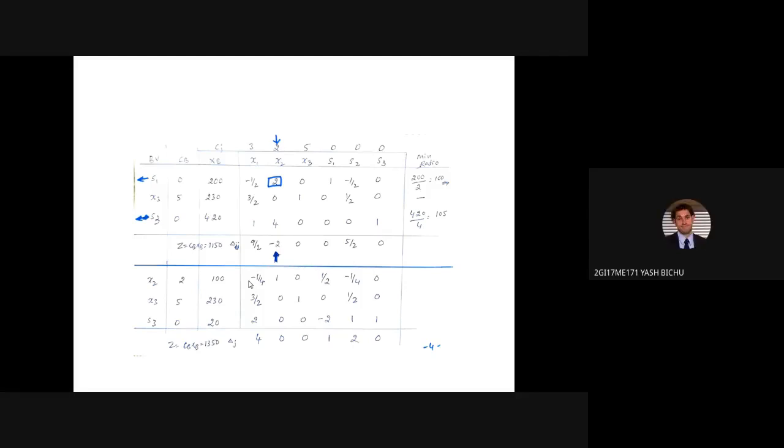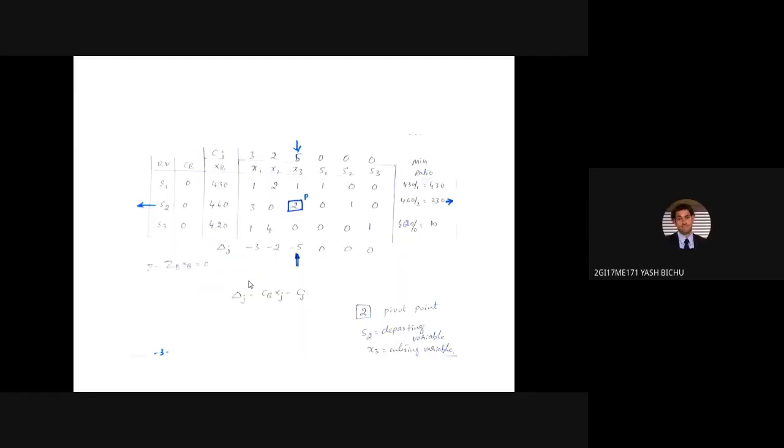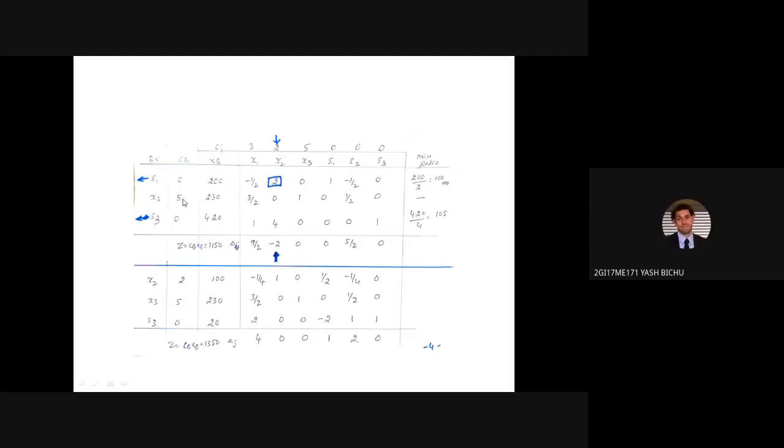Excuse me, sir, how did CB become 5? In the first table, CB is beside S2. See, the S1 coefficient is 0, right?